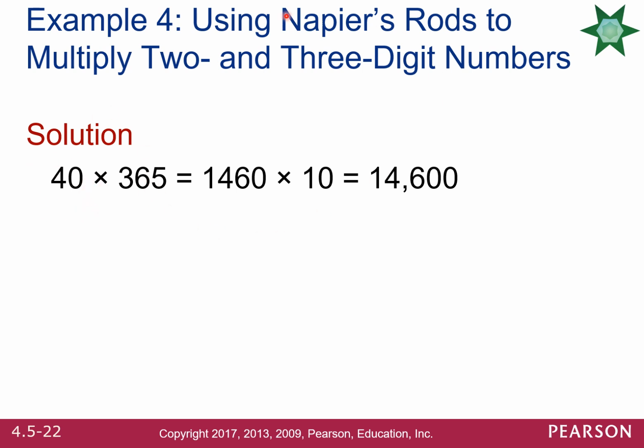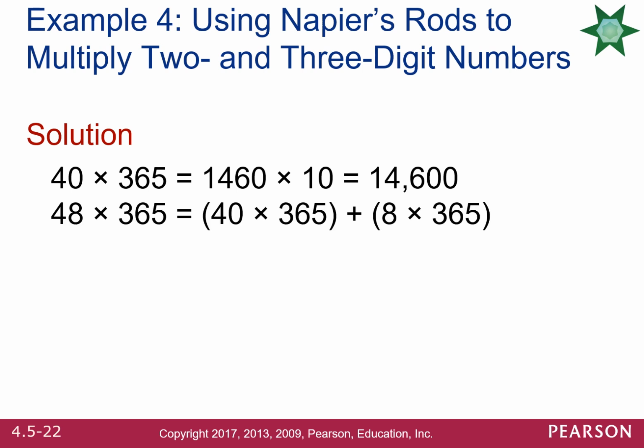But now we have to bring back the 0. So we multiply the result that we got from 4 times 365 by 10, and we get a value of 14,600.